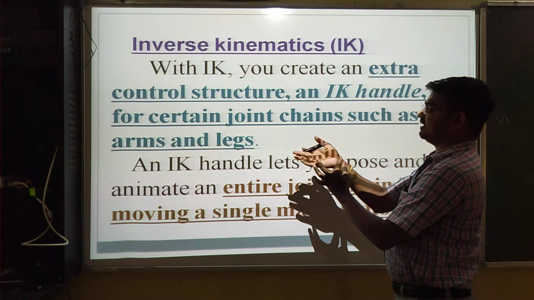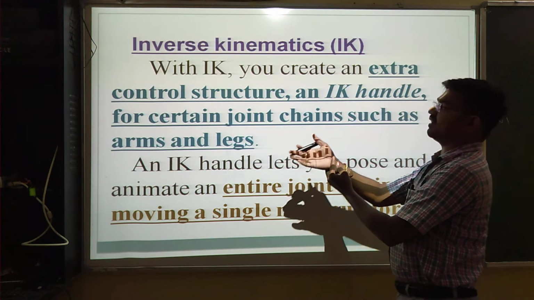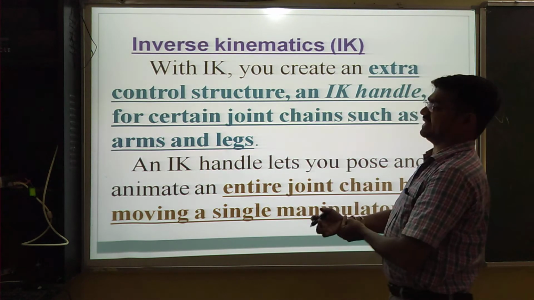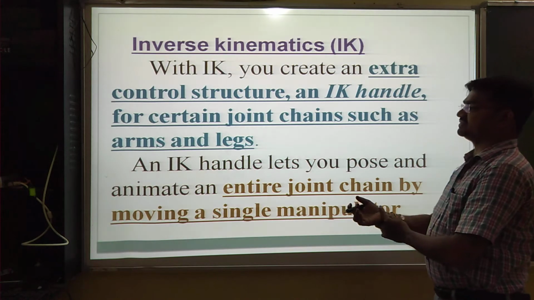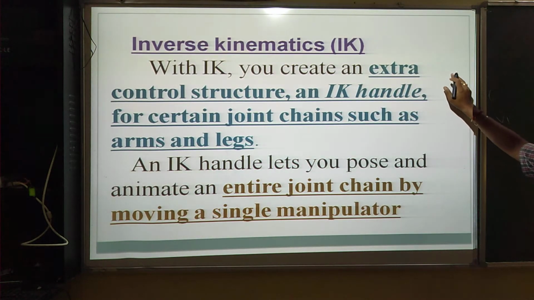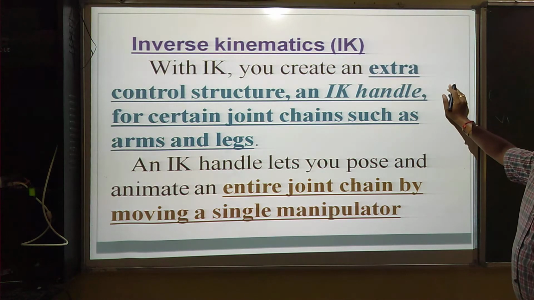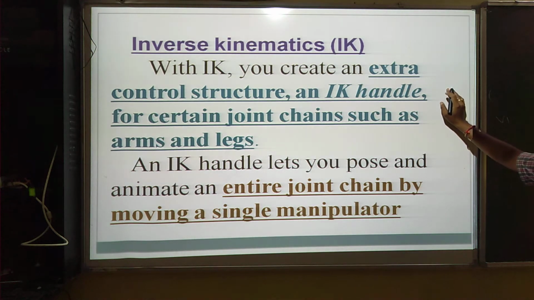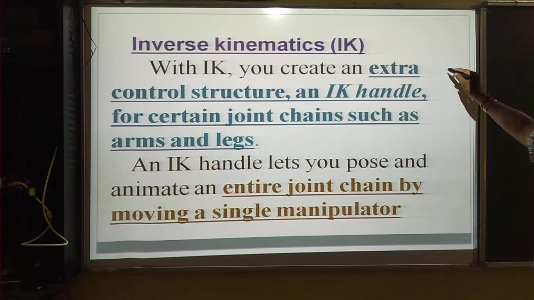The wrist and hand have some joints. With inverse kinematics, you create an extra control structure, an IK handle, for joint chains such as arms and legs, and animate the entire joint chain by moving the single manipulator.